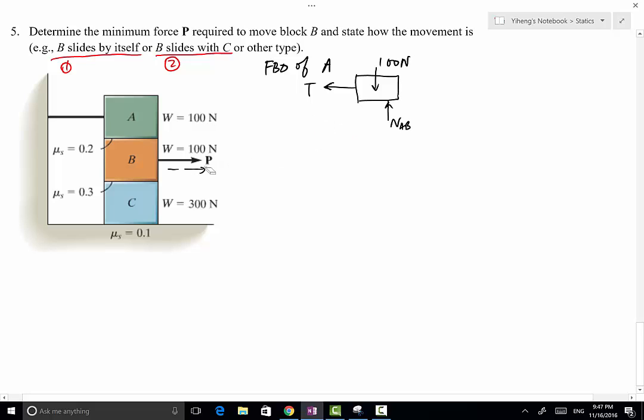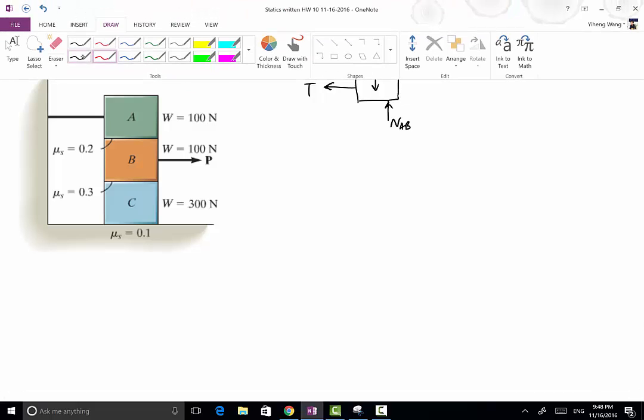And frictional force, because frictional force always occurs between 2 surfaces, frictional force resists relative motion of one object with respect to the other. Therefore, in this case, the relative impending motion of block A is to the left with respect to B. Therefore, the frictional force is to the right.